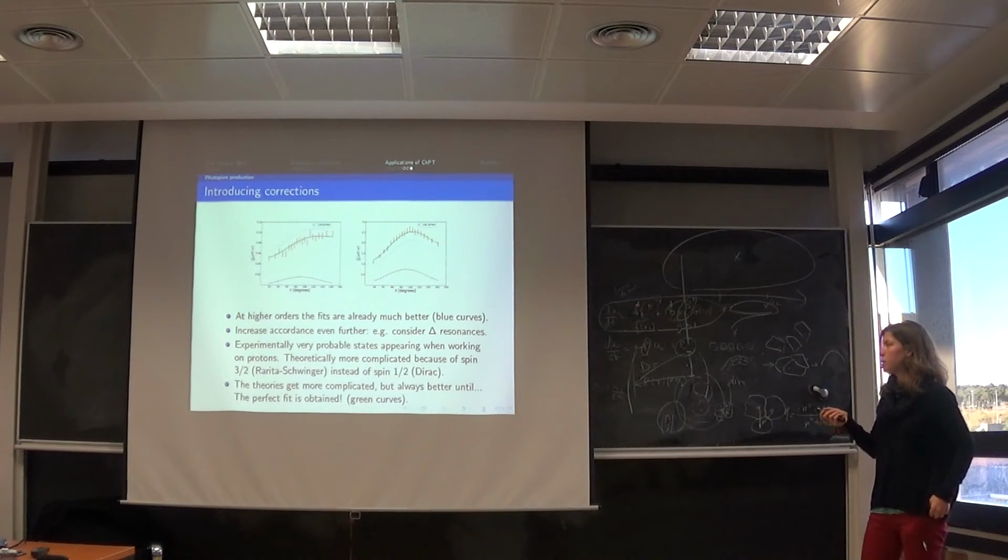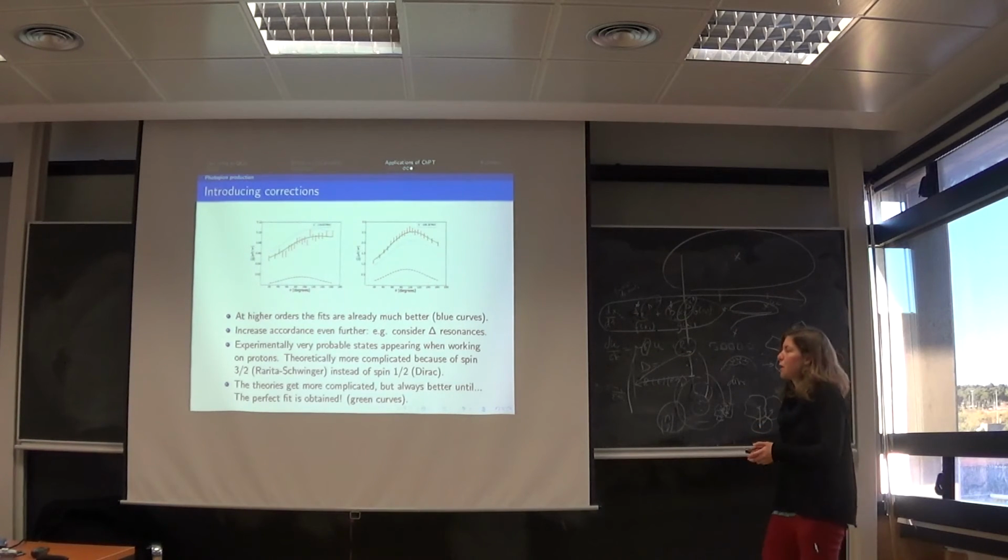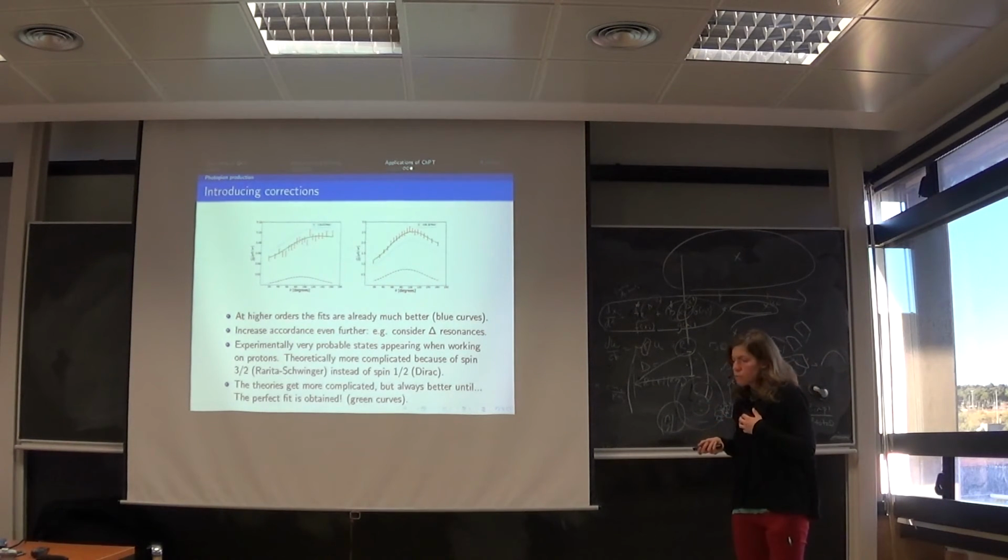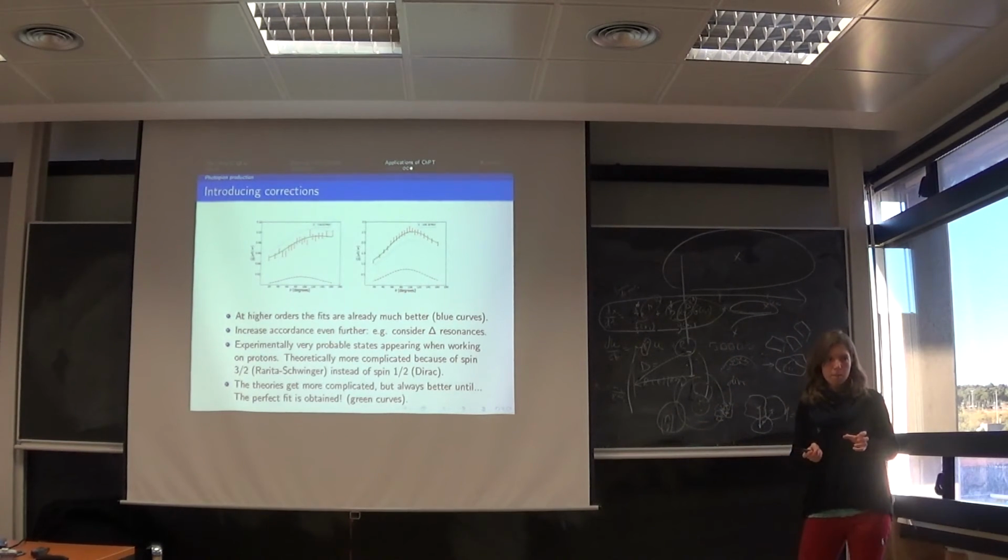And we thought, maybe we're forgetting something, some particle we should include, which we haven't included. And actually, when there are photon pion production experiments happening, there's one particle that appears many times, so it's very probable to appear, that we never considered in chiral perturbation theory before.